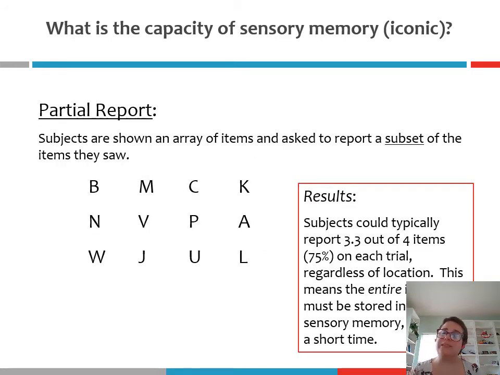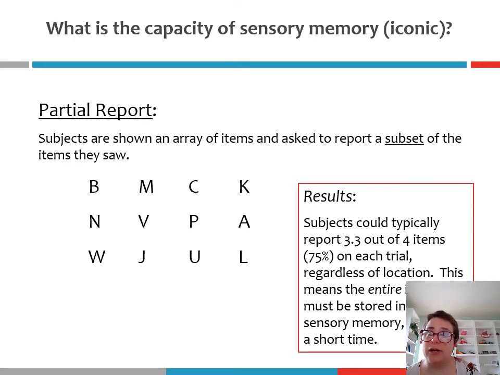So what were the results of this experiment? Well, participants were really good at reporting the entire row. They were able to do this quite effortlessly. But why does this matter?